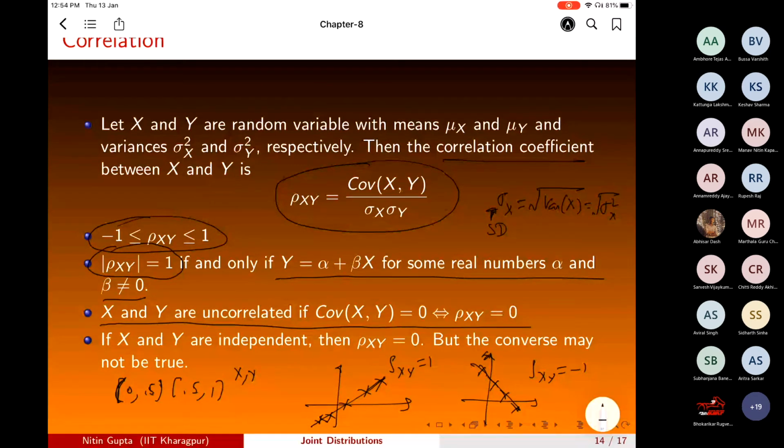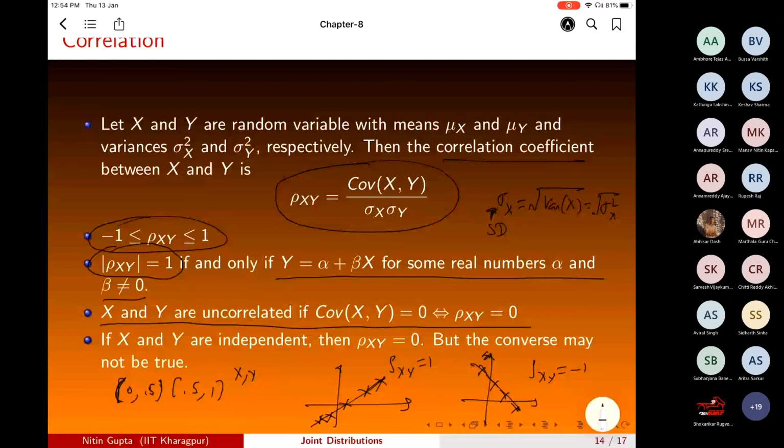At 0, we can say that x and y are uncorrelated. Similarly on the negative side, between minus 0.5 and 0, there is a weak negative association between x and y. And between minus 1 and minus 0.5, a strong negative association between x and y.